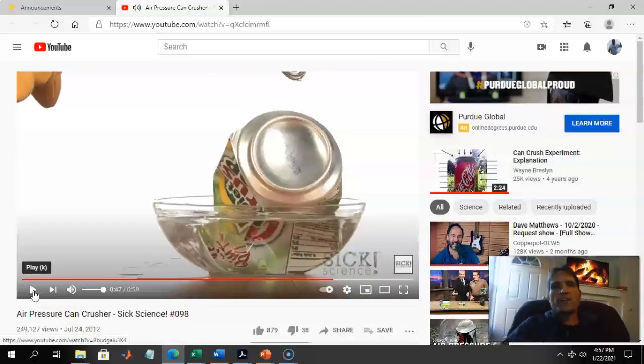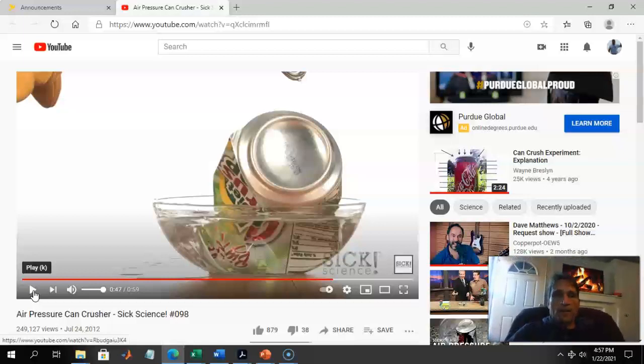So what happened here? You should actually try this at home. I did it, but this camera, I couldn't catch it, so I ended up going to the YouTube one. So what happens is you add a little bit of water to the bottom of a can, and the water exists in a liquid form.